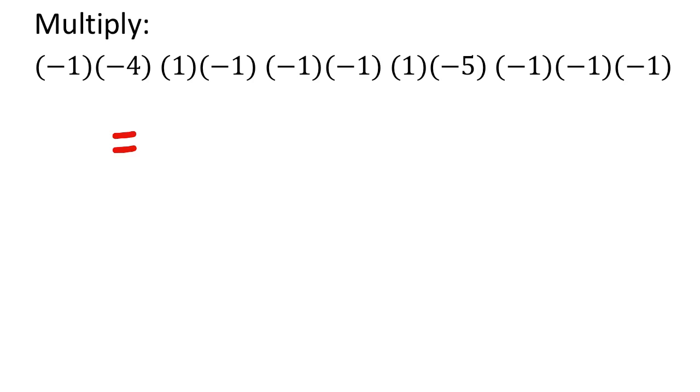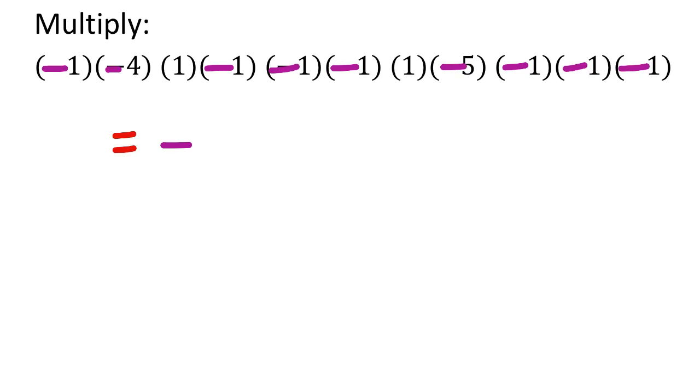Now, I'm going to do that by counting how many negatives there are. There's 1, 2, 3, 4, 5, 6, 7, 8, 9 negatives. Now, 9, just like we talked about before, is odd. There's an odd number of negatives. So I know my answer is a negative.